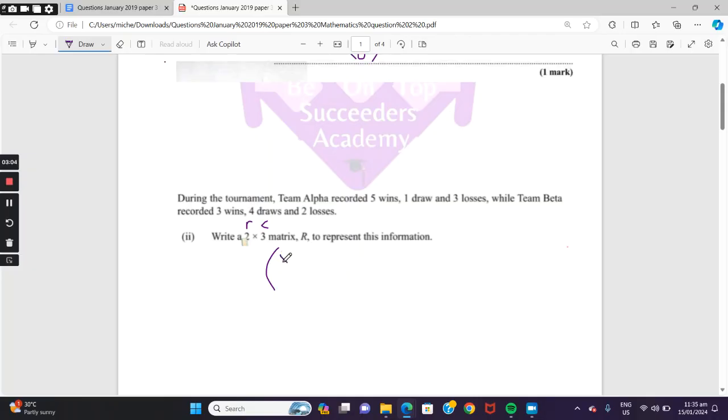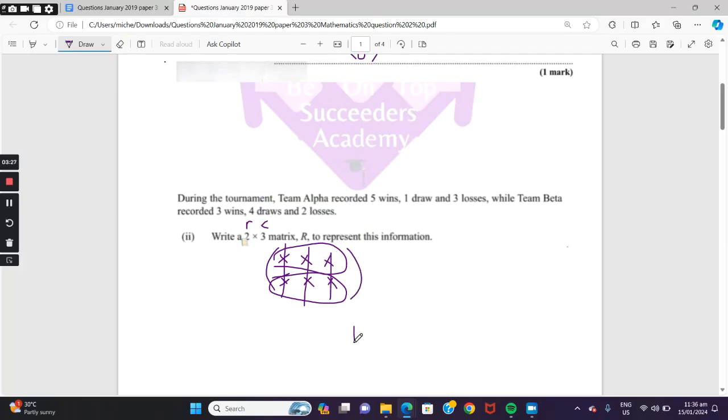There'll be 2 rows for sure, and 3 columns. Rows are like this: 1 row, 2 rows. Columns: 1 column, 2 columns, 3 columns. So it will look like this.